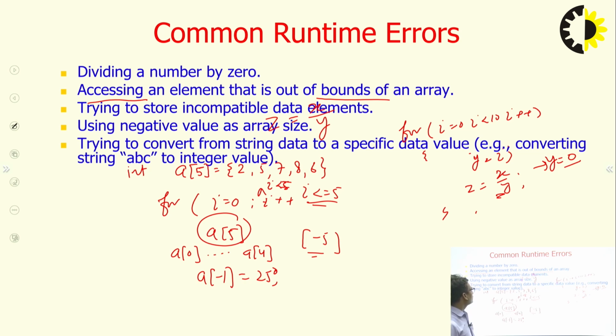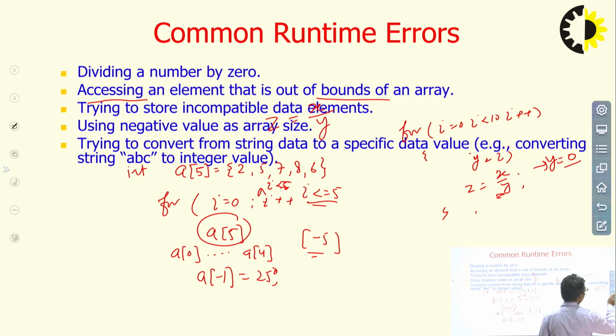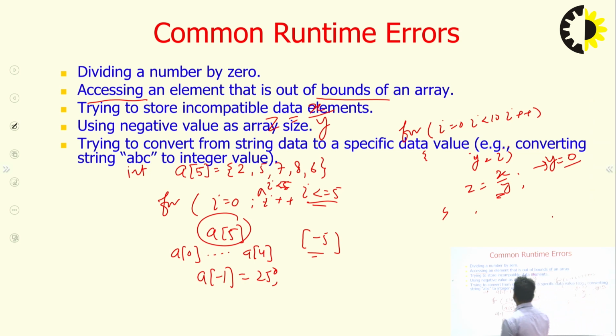Next is trying to convert from string data to a specific data value. For example, converting a string ABC to an integer value. Here you have a string "5" and this is to be converted into an integer.